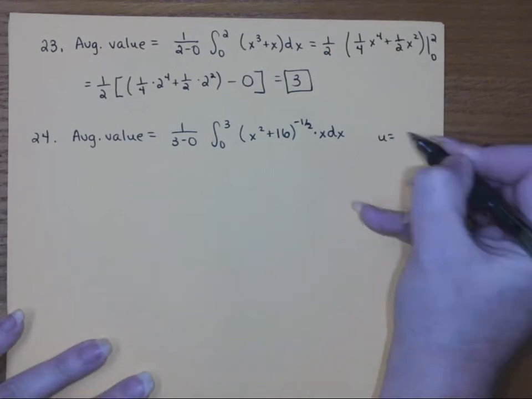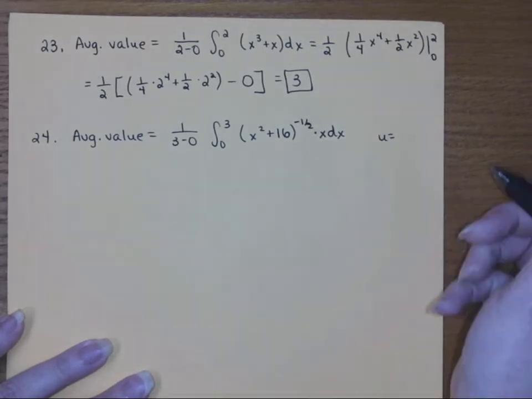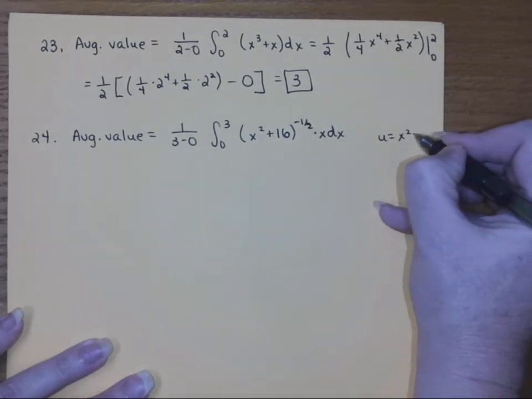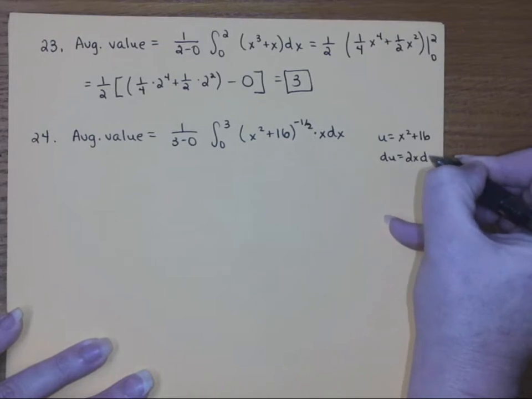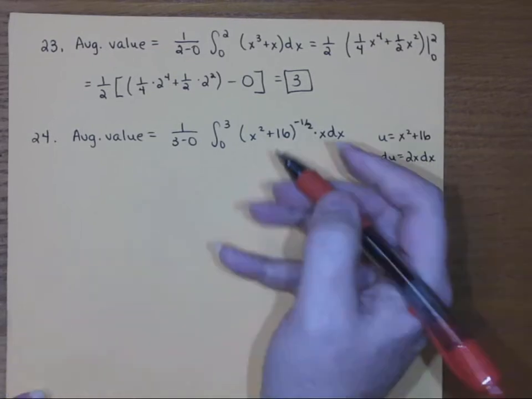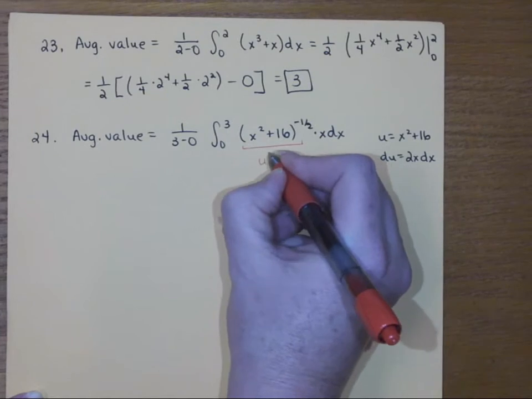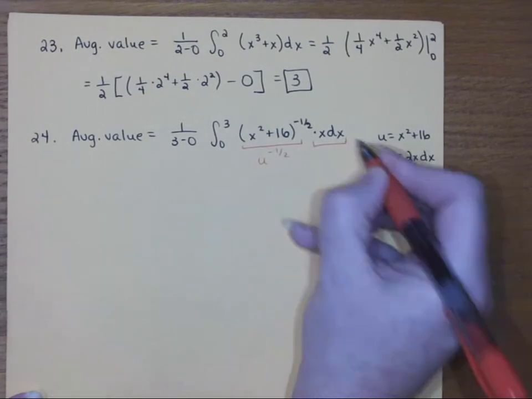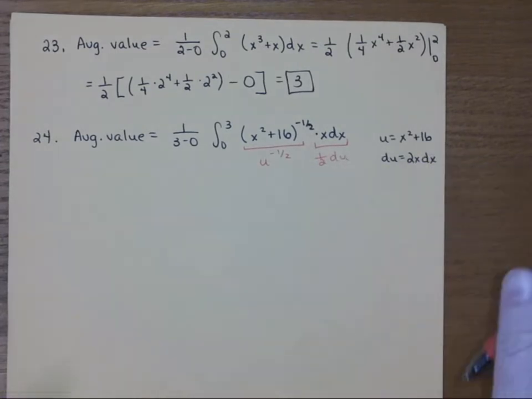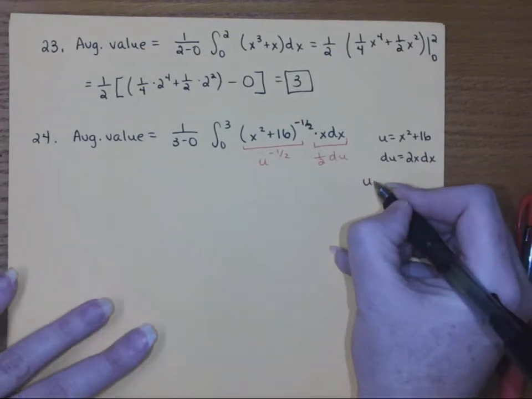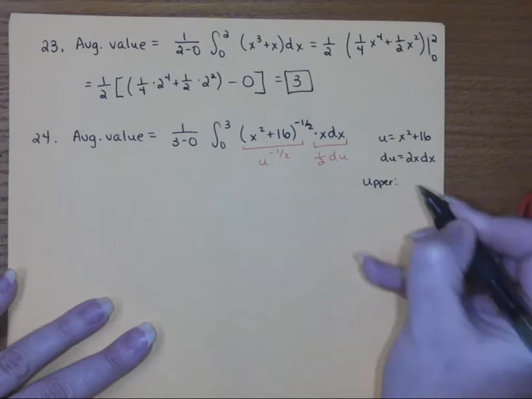I'm going to go ahead and write it like that because it'll make it easier for us. So this is certainly a u substitution problem because I have 2 parts. So I'm going to make u x squared plus 16. So the derivative of that would be 2x dx. Notice I have u to the negative 1/2 here, but I don't have a match here, so I need to multiply by 1/2 du. And then I need to change again the upper and the lower limits.